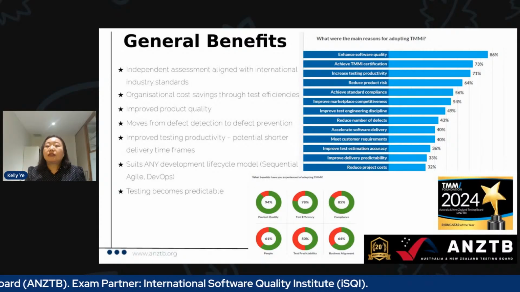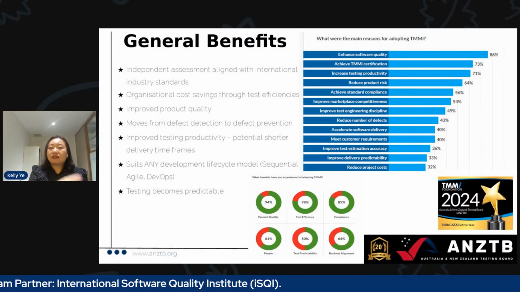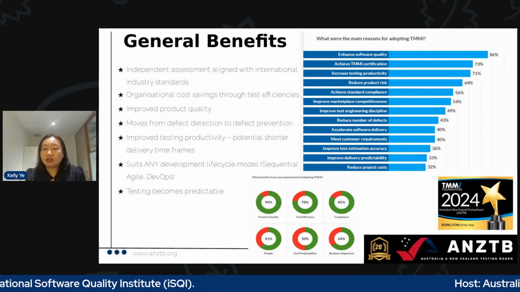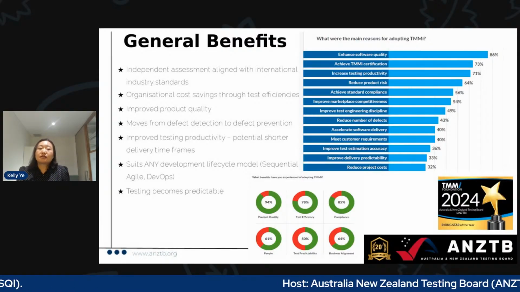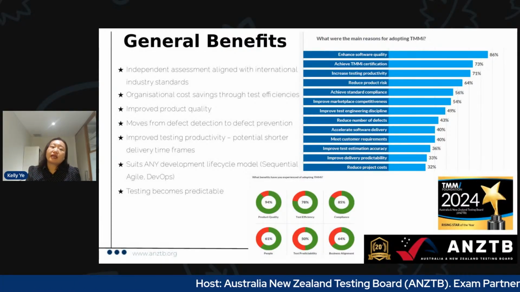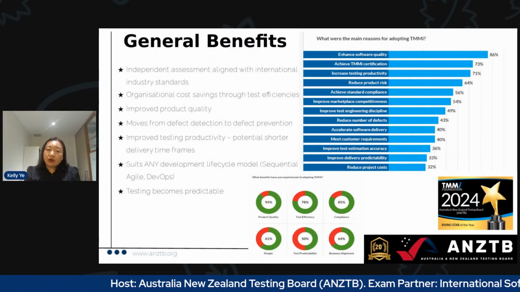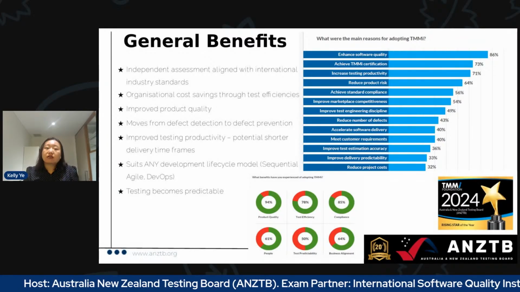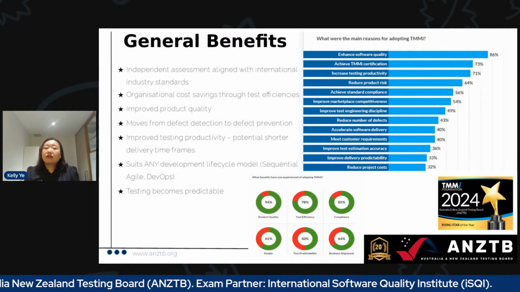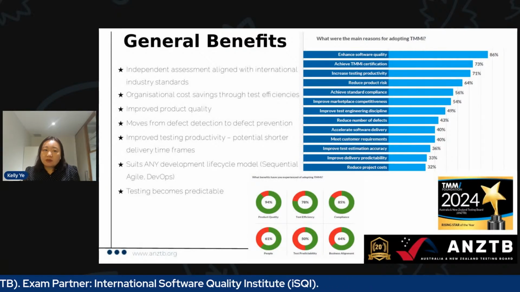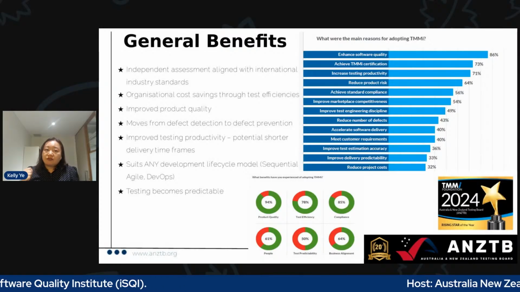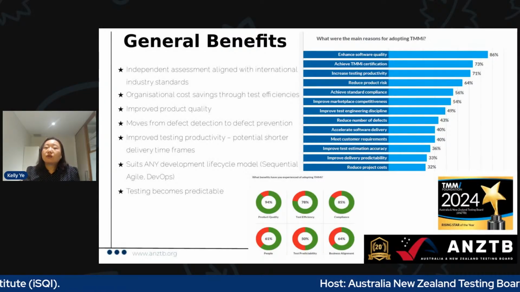And for the individual, like we mentioned, TMMi also benefits individuals like me. The most is 61%, who think it helps the employees, the engineers and disciplines, and improves the employee skill in testing. Especially, employees will be very happy to work here because they know what they want to do.